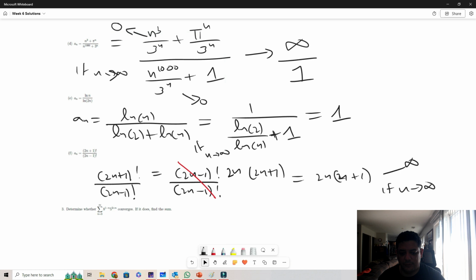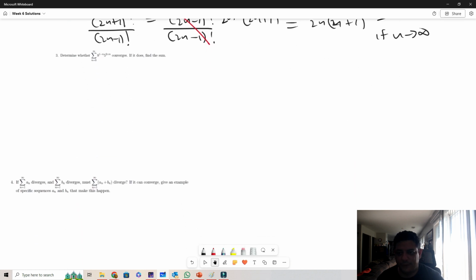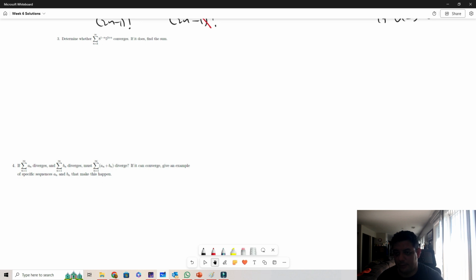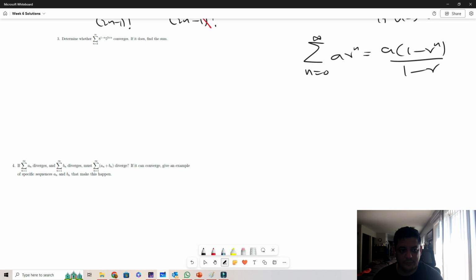Now let's transition to series. So the first series is going to be an example of a complicated geometric series. If you remember, the geometric series is the sum from n equals 0 of a r to the n. This can be seen as the sequence a times (1 minus r to the n) over (1 minus r).